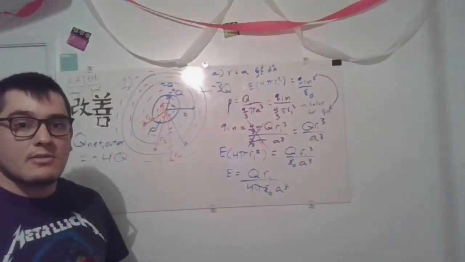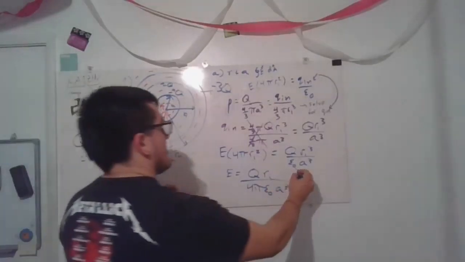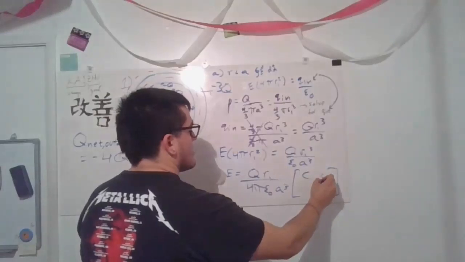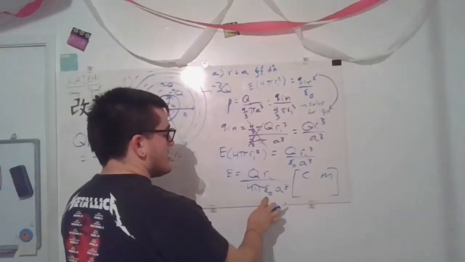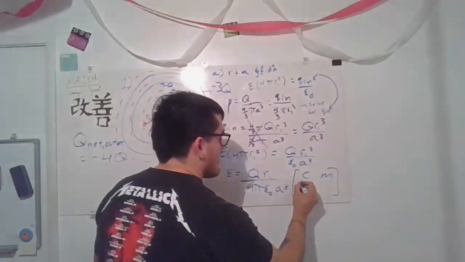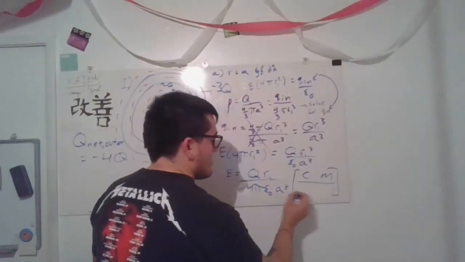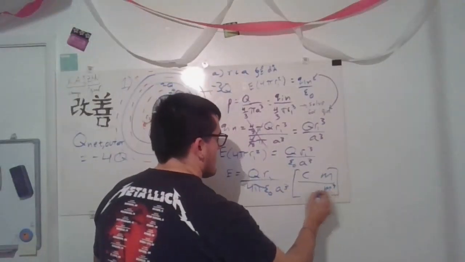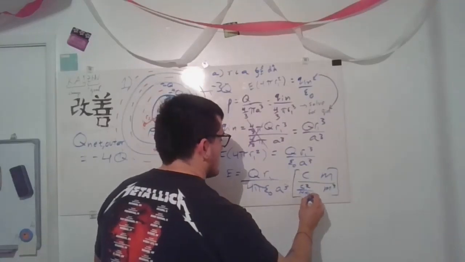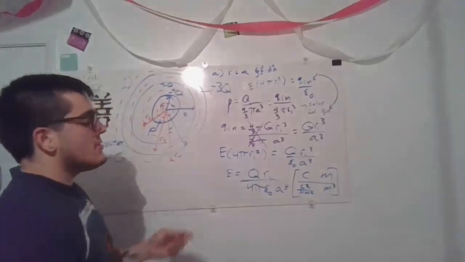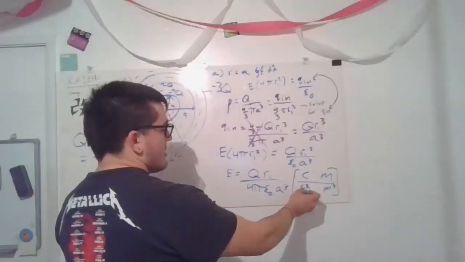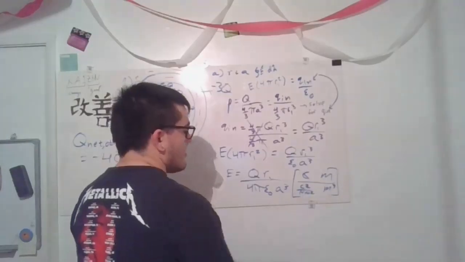Now, how do you know you're right? So that's Coulomb, that's meter, and then this is Coulomb squared over Newton meter squared, right? And then that's meter cubed. So let's go ahead and do all that. This one divided by that will cancel out one.